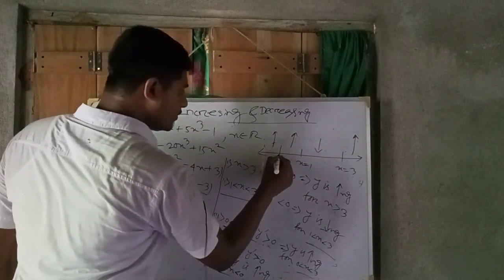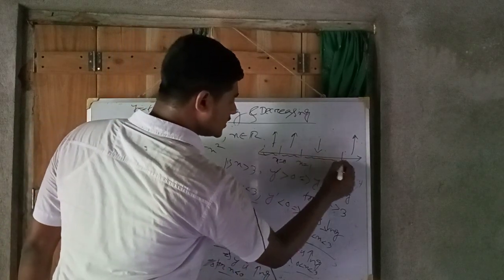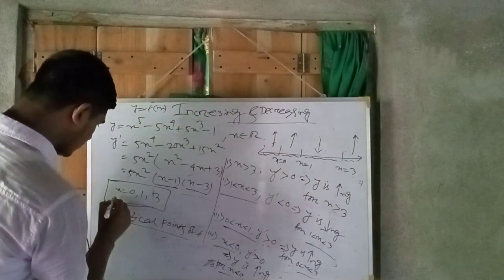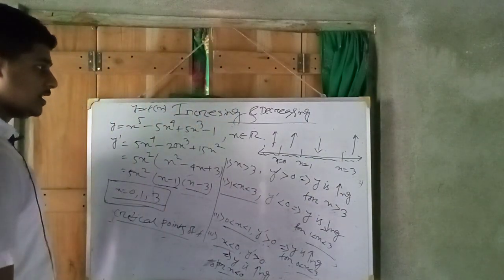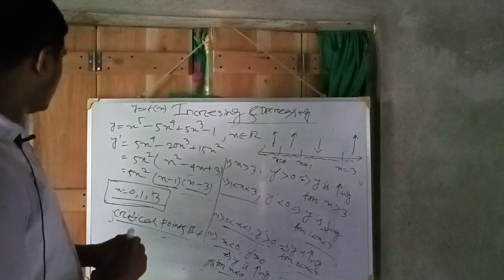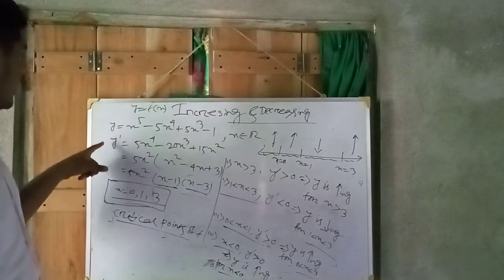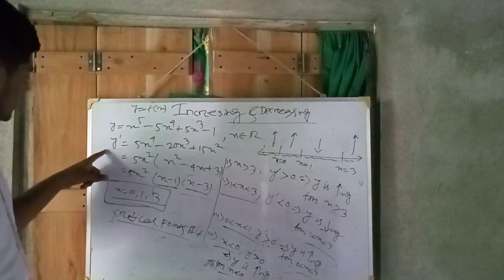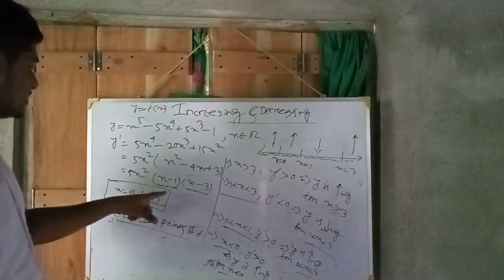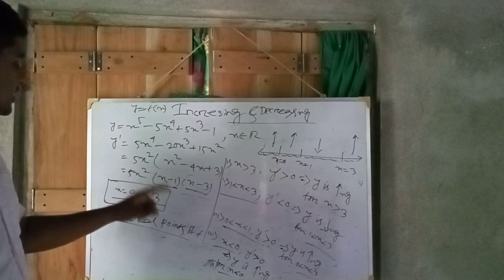So for the division of this interval, x equals 0, x equals 1, x equals 3, these 3 points are the critical points. These points are important to us when we differentiate the function y to get y dashed. When y dashed is 0, that is y dash vanishes, at which points? At x equals 0, 1 and 3.